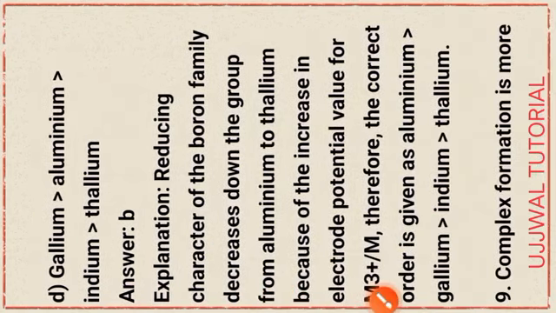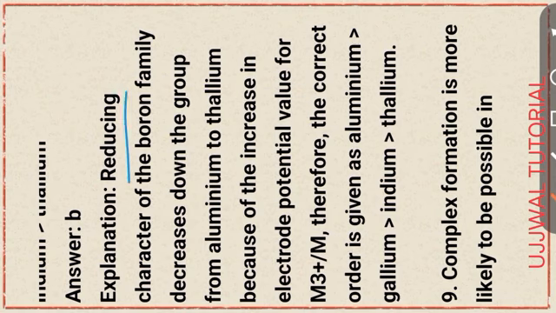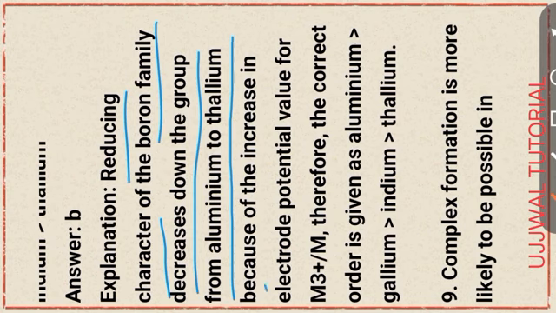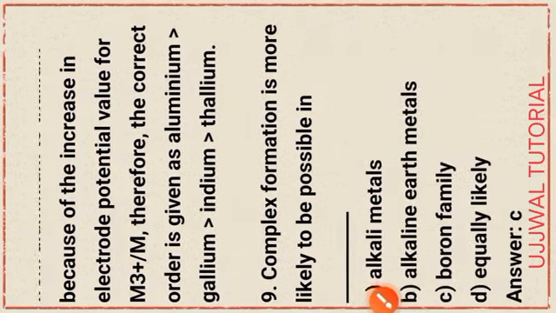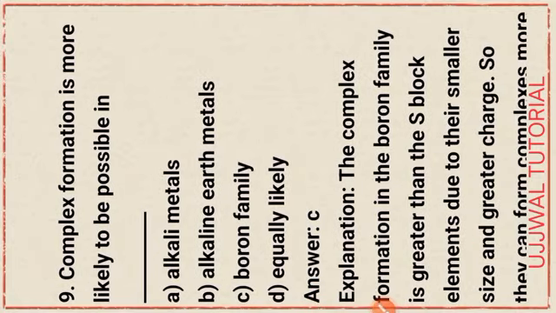The reducing character of the boron family decreases down the group from aluminium to thallium because of the increase in electrode potential value of M3+/M. Therefore, the correct order is aluminium greater than gallium greater than indium greater than thallium.